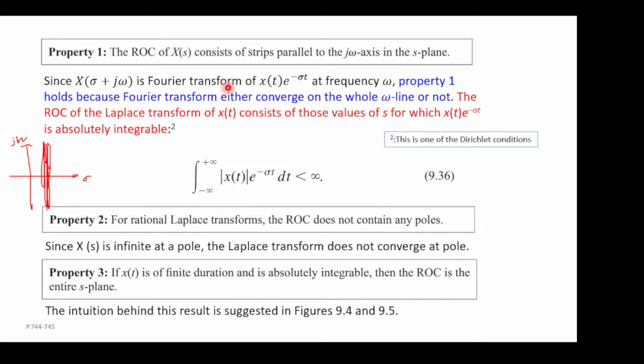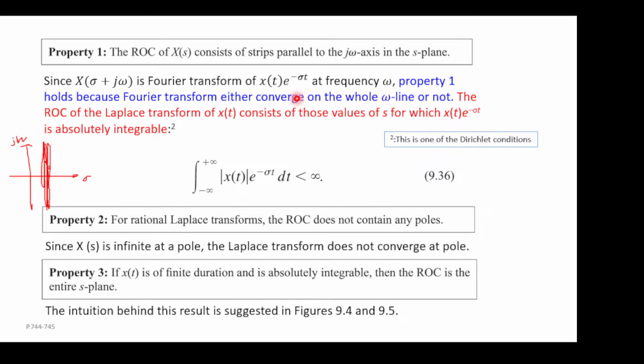Those are Fourier transforms for different omega, but your Fourier transform either converges for the whole line or doesn't converge for the whole line, usually. So this line should either be all convergent or all non-convergent. Okay, so that's the idea. Here we are ignoring that you might get some delta function at some point.